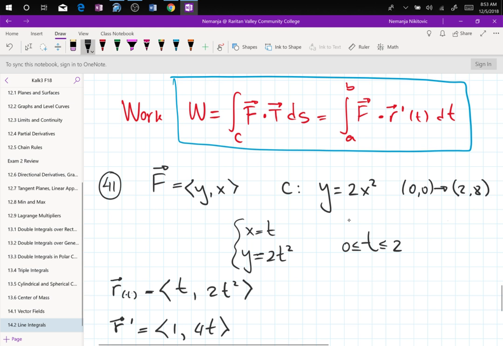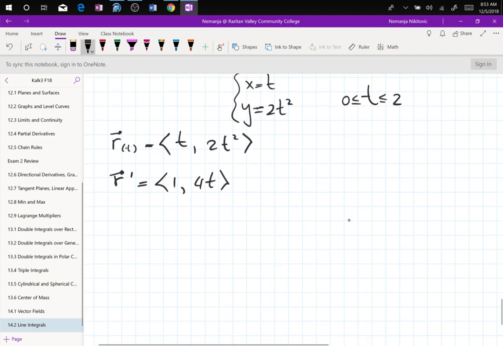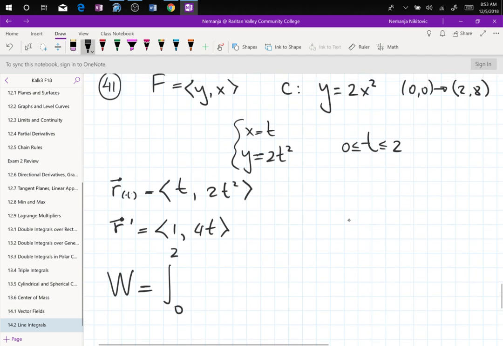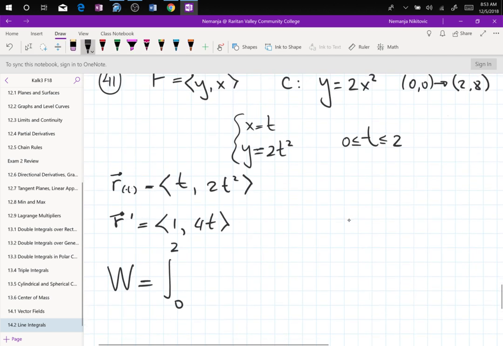We have our vector field F. We have our r prime now, and all I need to do is plug all of this in. So what's the work? Work is given as the integral from 0 to 2. Now my vector field F is going to be y, which is given as 2t squared, comma x, which is given as t. We need to dot that with 1, 4t dt.